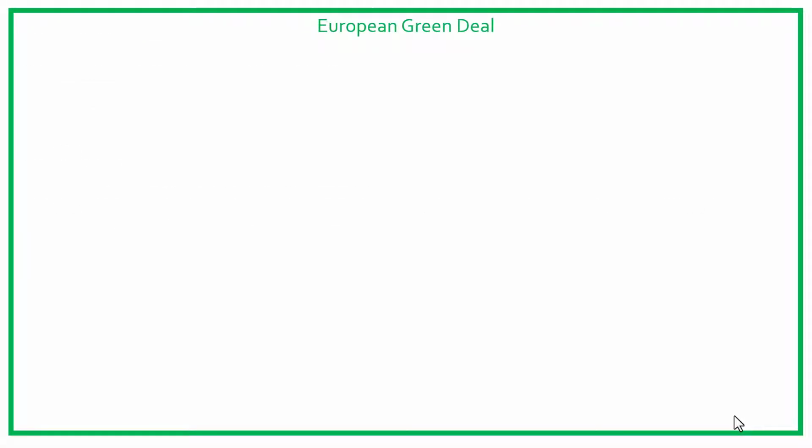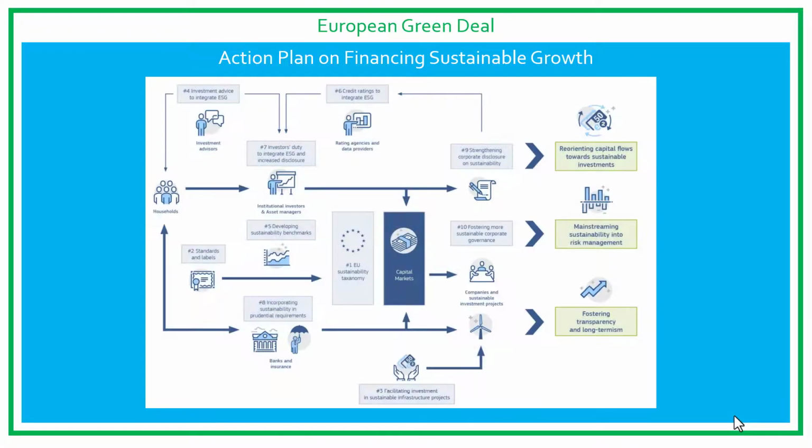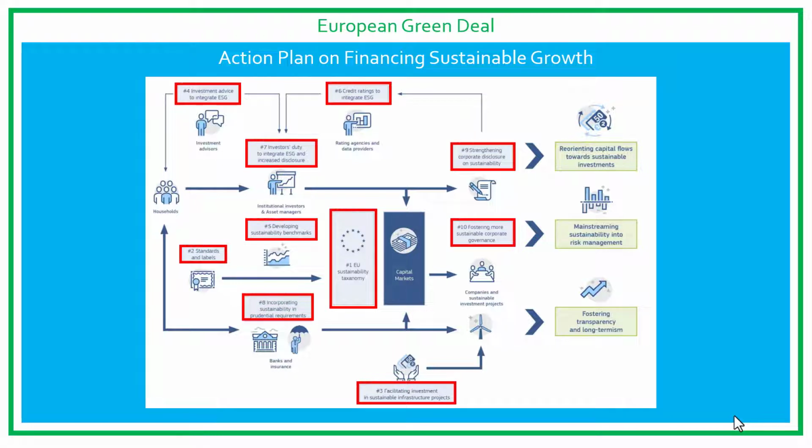Okay, so if we have a look at the European Green Deal and say the European Green Deal sets the framework of all of this, then we have the action plan in the middle, and then here the 10 different actions. And if you look from left to the right, where we start with households, then institutional investors and asset managers, banks, then we end up here with companies and their disclosure requirements.